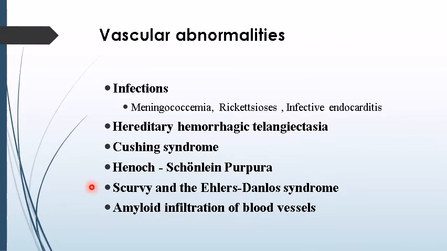And as you remember, we said subendothelial collagen has an important role in platelet adhesion. So when we have abnormal collagen, this will lead to abnormal platelet interactions and bleeding tendency. Amyloidosis.